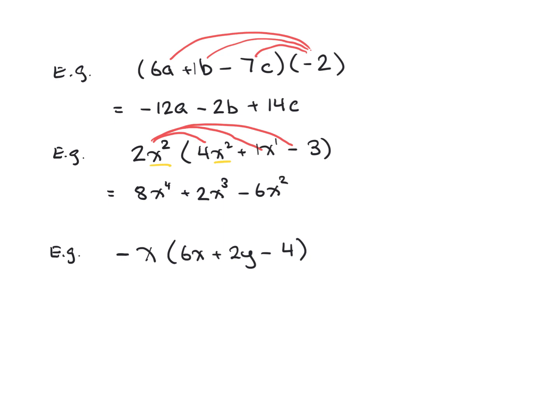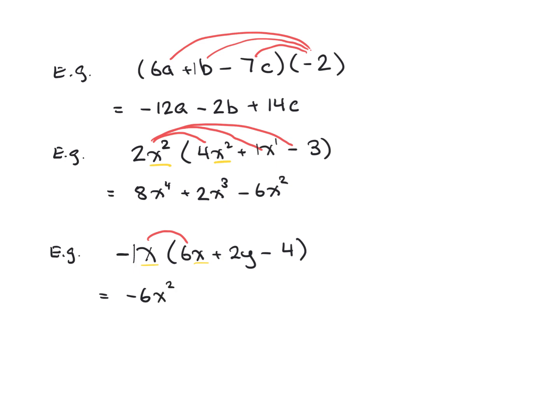So same as above, just got to be careful about the letters and the signs. So the first multiplication, -x times positive 6x. So the -x, we want to think of it as -1x. So -1 times positive 6 makes -6. And then for the letter part, it's x times x. X times x is x squared.